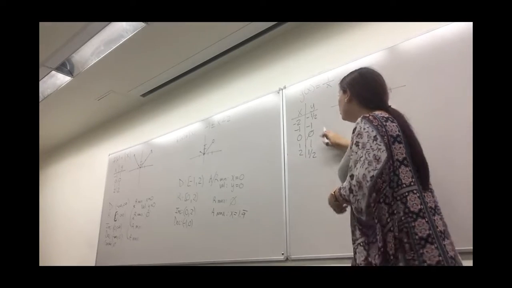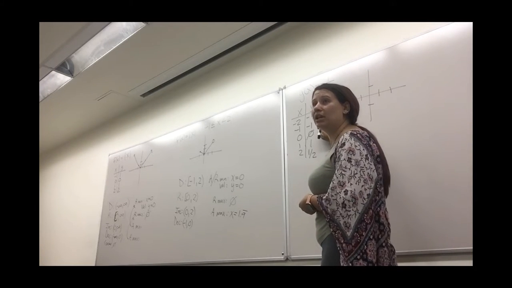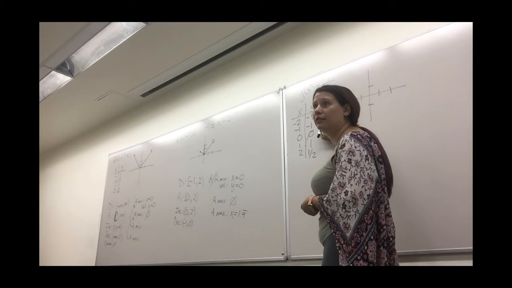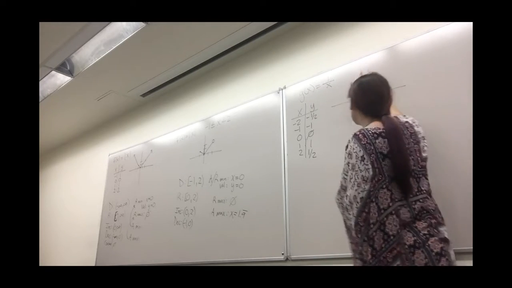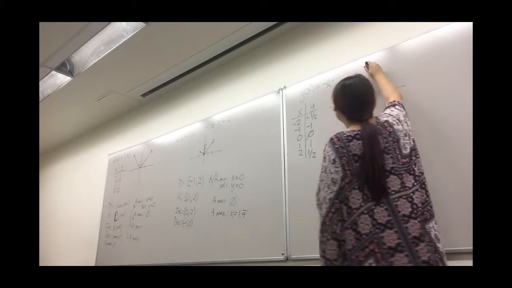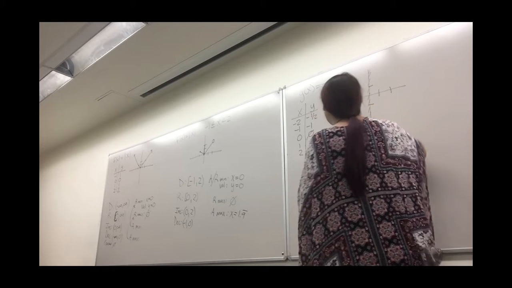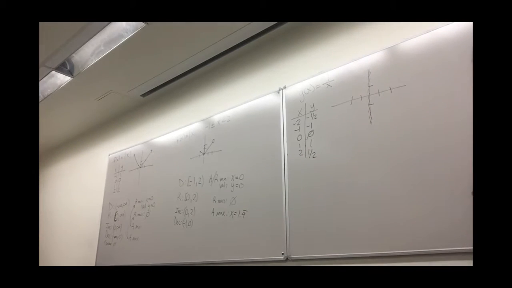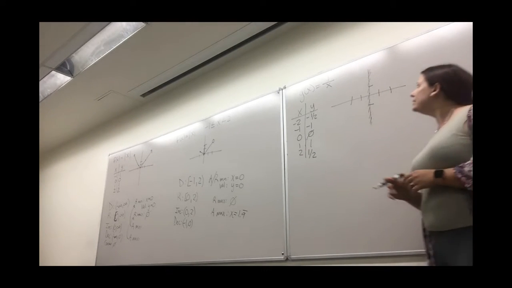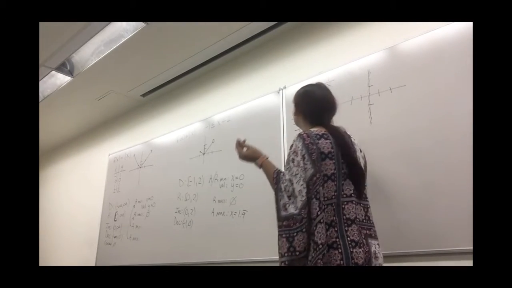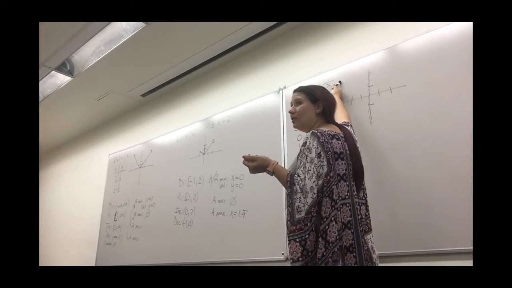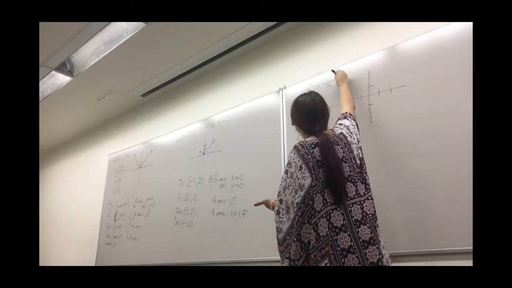We can't plug in 0 because that gives us undefined, right? So at x equals 0, the y-axis, we can't do that. So that's an asymptote. Now let's think about one other little thing. Is there any way for us to get 0? Can we set this equal to 0?